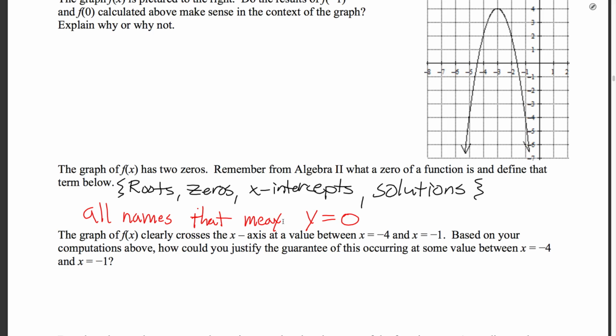Do you think this might be something that gets used quite a bit? Can you think of a time when it's important to know the zero, where the y value equals 0? When you're trying to find out if it's a quintic, or the multiple times it passes through 0, or its shape.